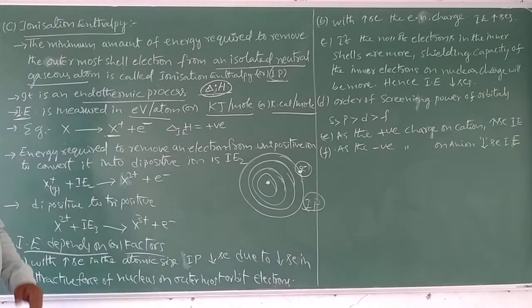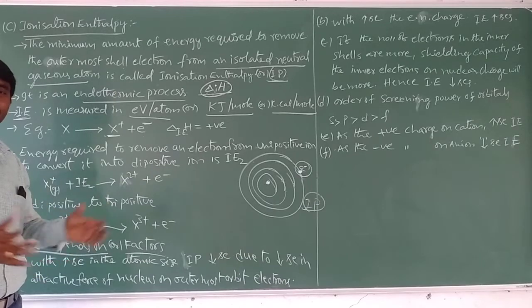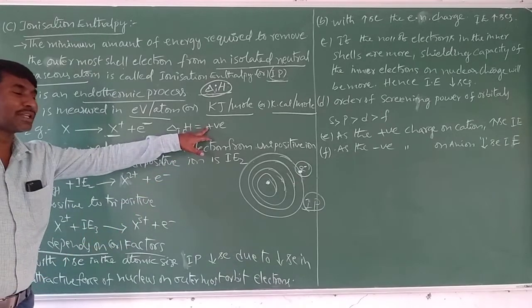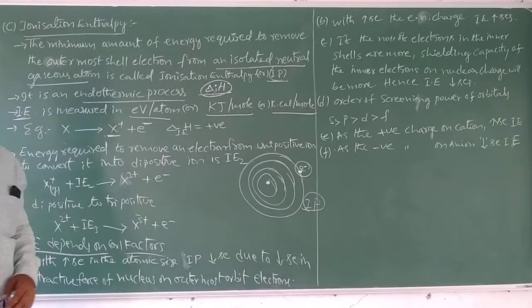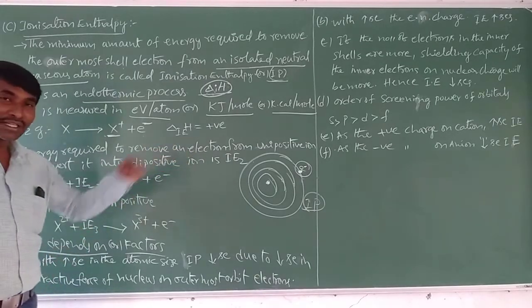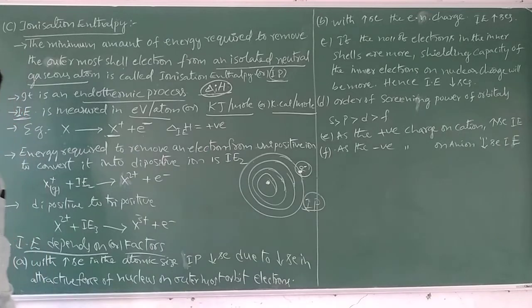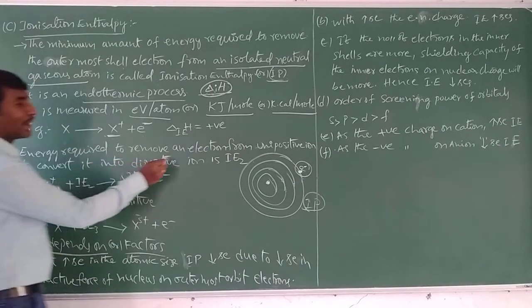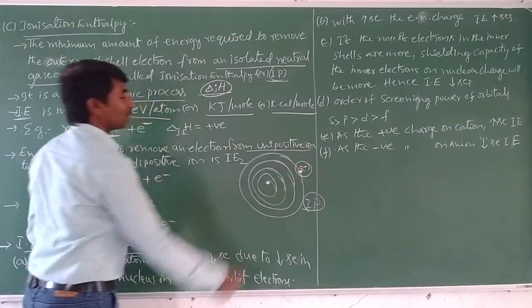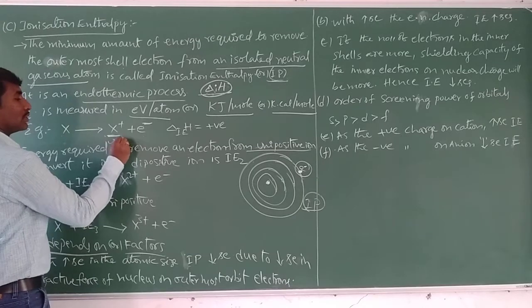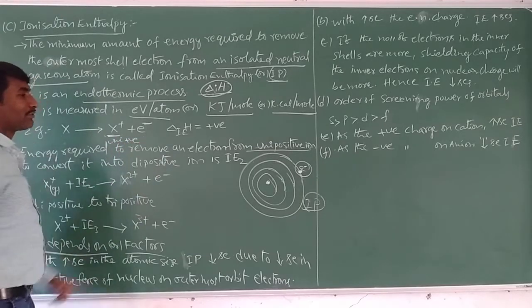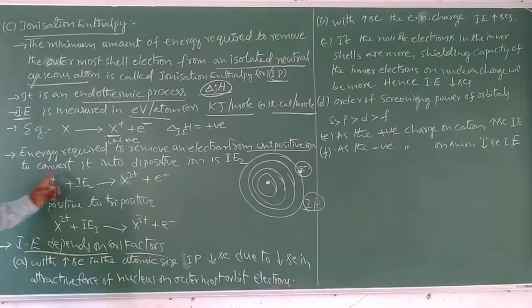Positive means energy is needed, and negative means energy is liberated. Here energy is needed, so it is positive. Next, energy is required to remove an electron from the unipositive ion.